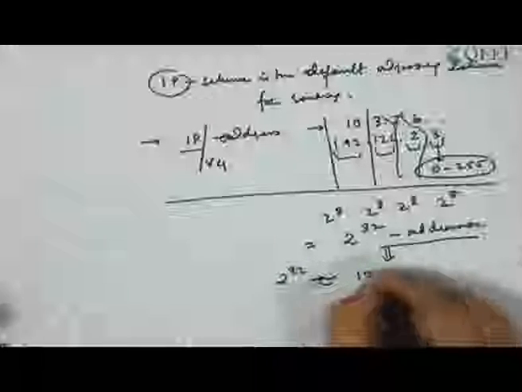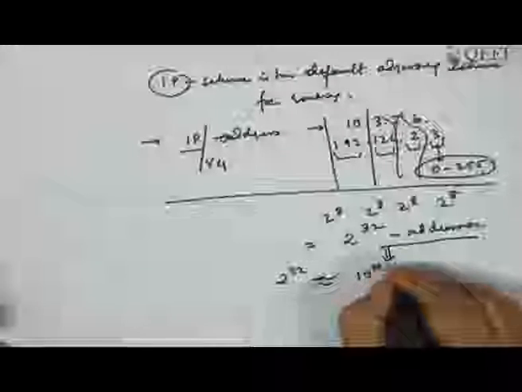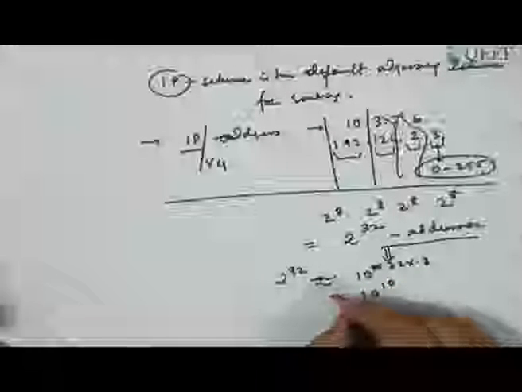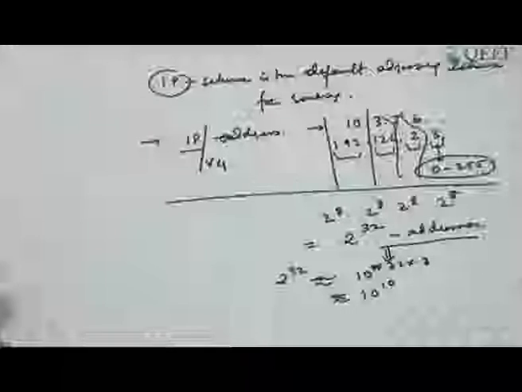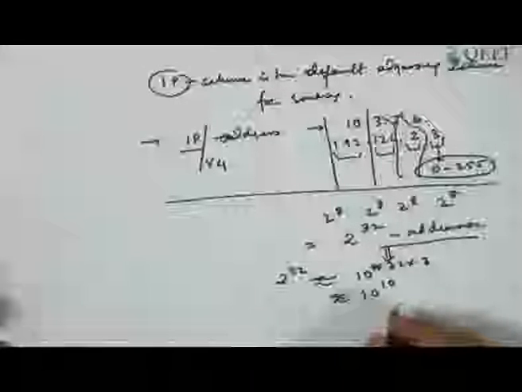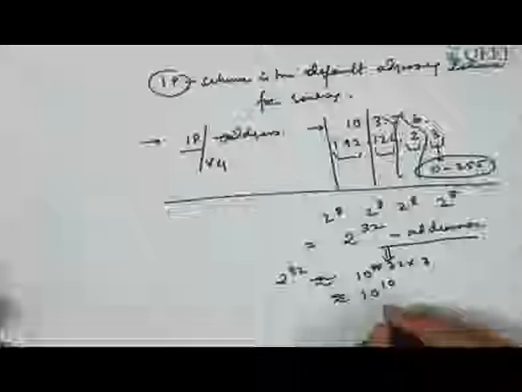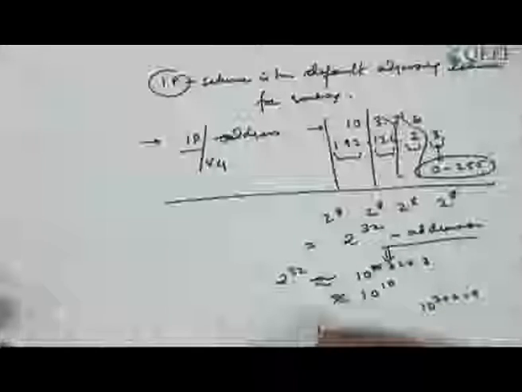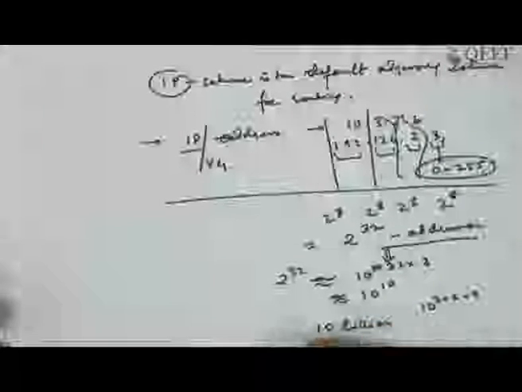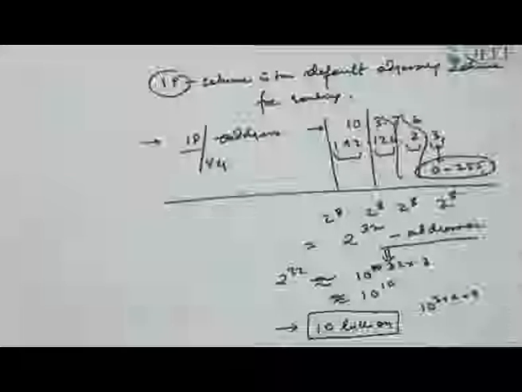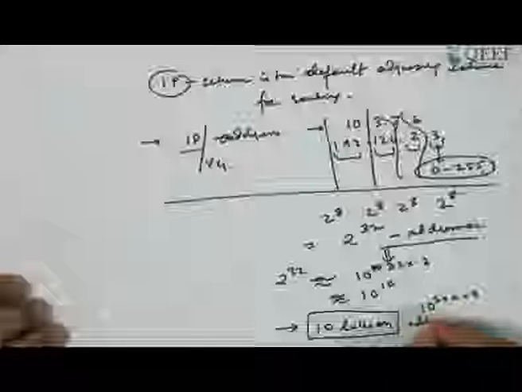Roughly 10 to the power 10. 10 cube is 1000, 10 to the power 6 is million, 10 to the power 9 is billion, so it is 10 billion addresses which are available.